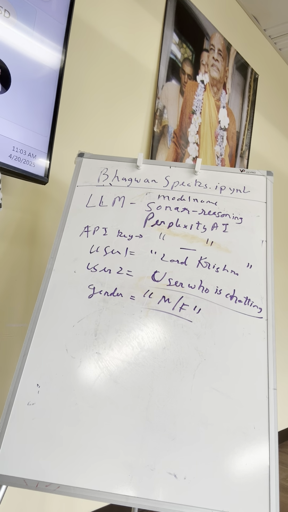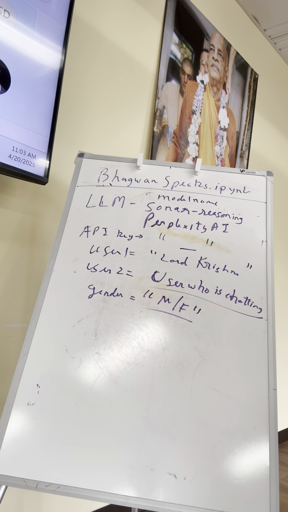You can look at all the different models that they have. Okay, you see, these are all the models that they have, in the API section.